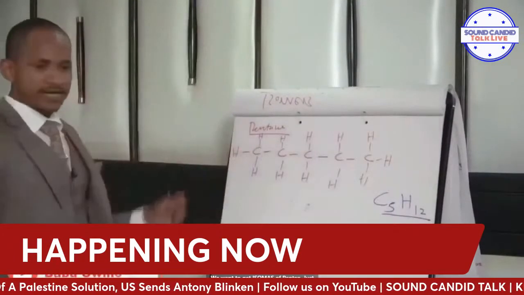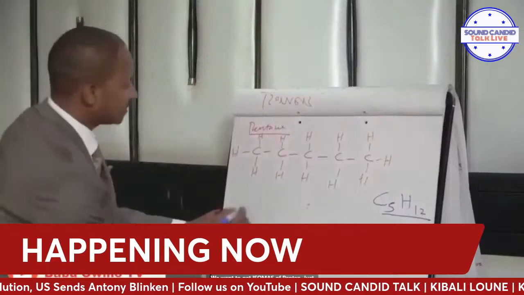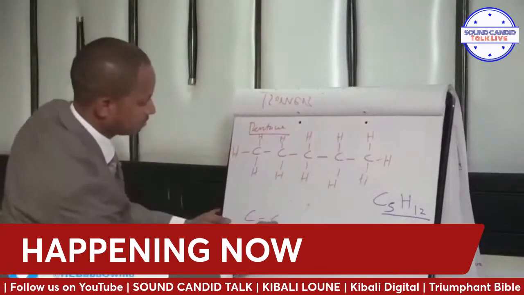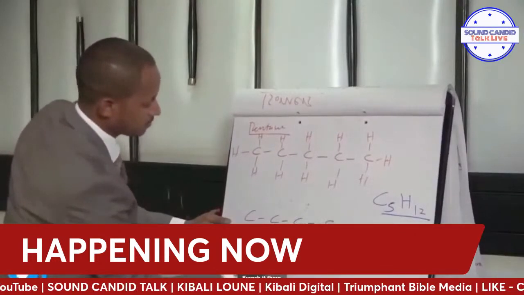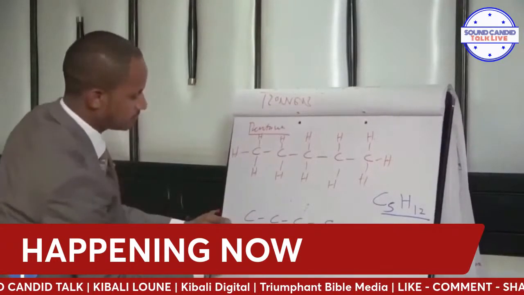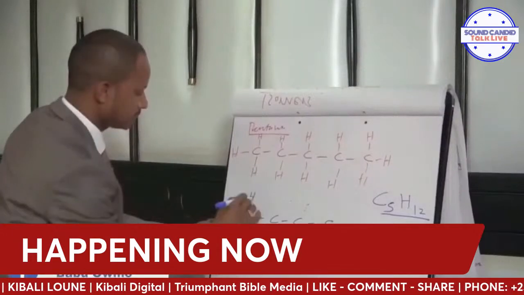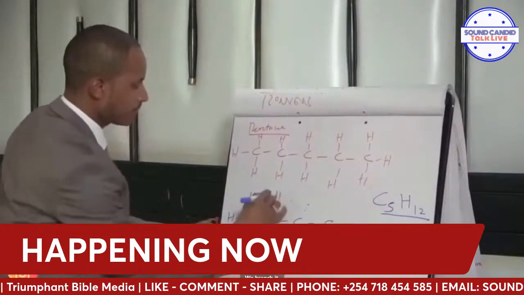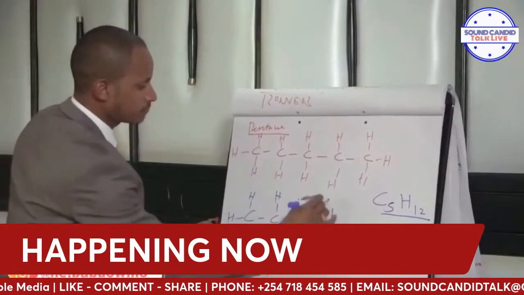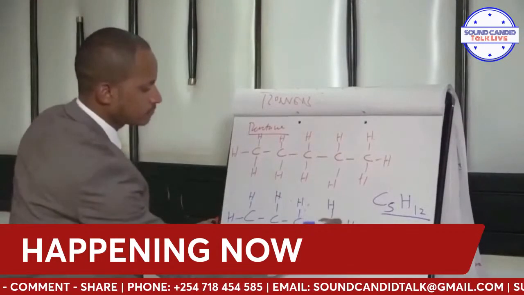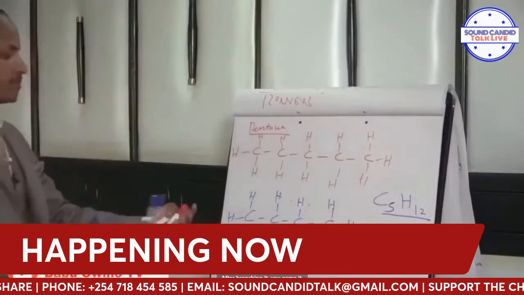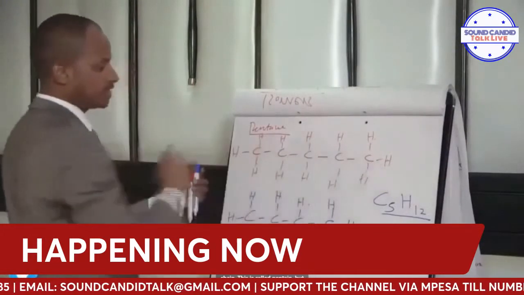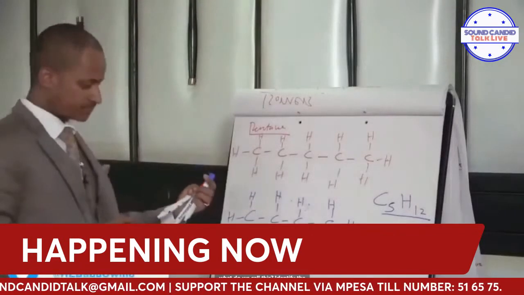We want to get isomers of pentane. Just reduce by 1 and branch it there. After branching it, you name it. Identify the longest continuous chain. This is called pentane, but what do we call this?